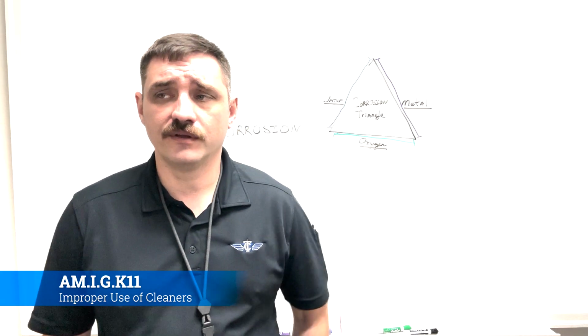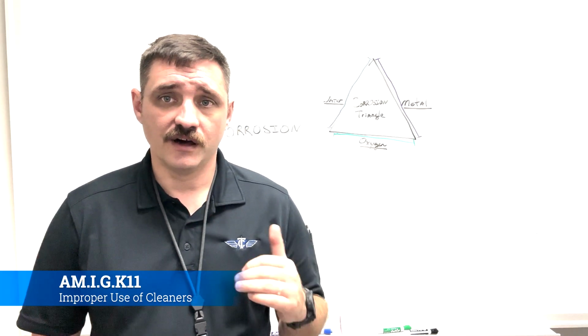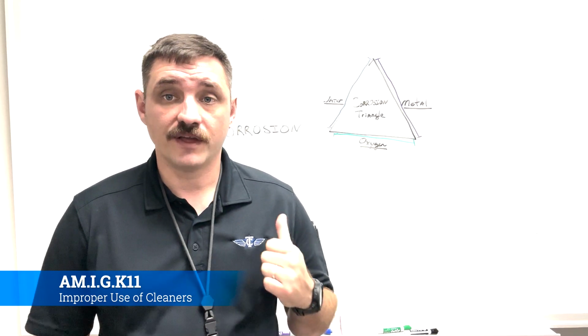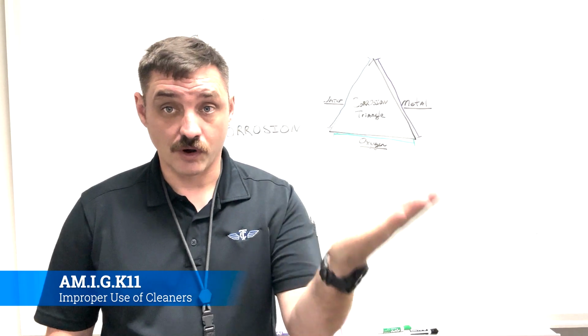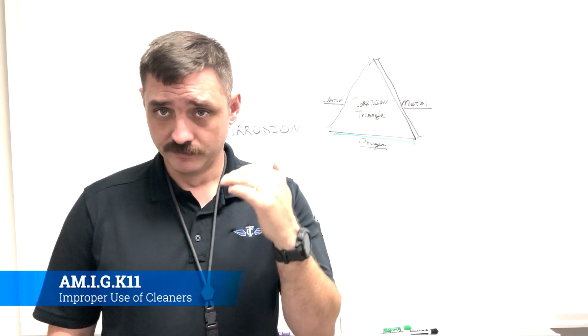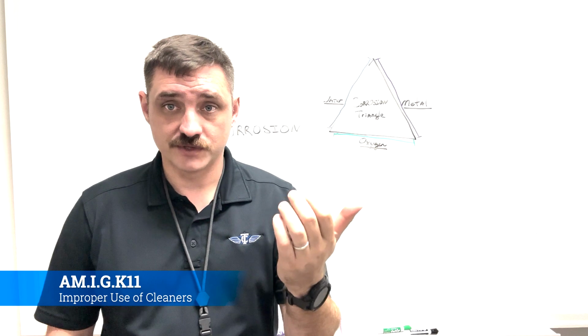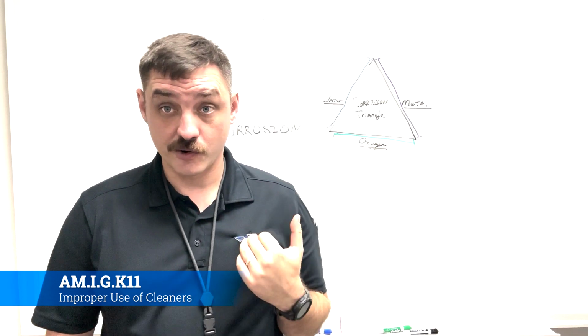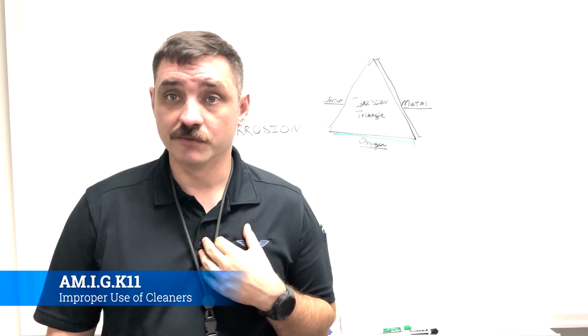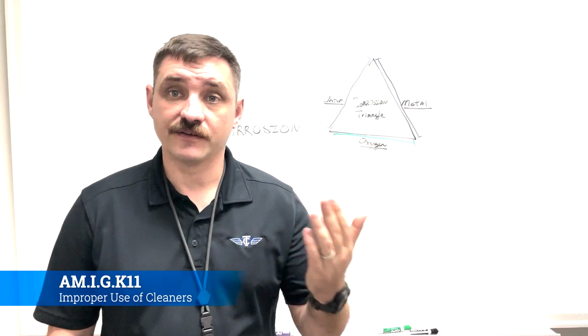Now, the consequences of not having that expertise can be pretty drastic. If you take the wrong cleaner and apply it to an aluminum surface, you could take the protective coating or the annealing off the aluminum and expose it to the atmosphere, and it causes corrosion.